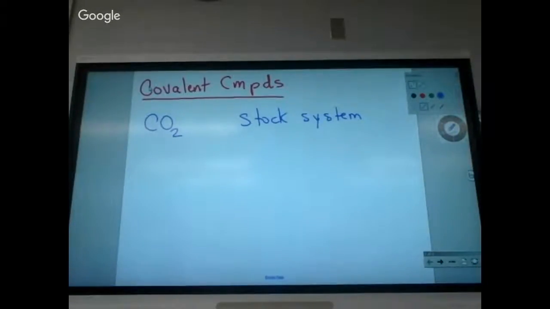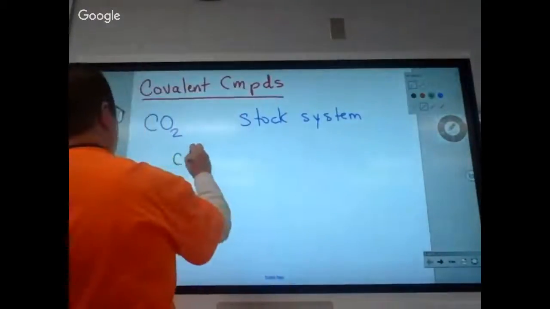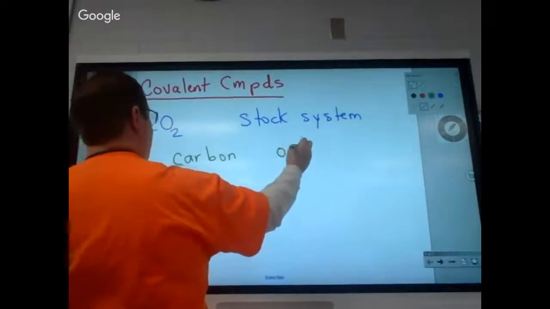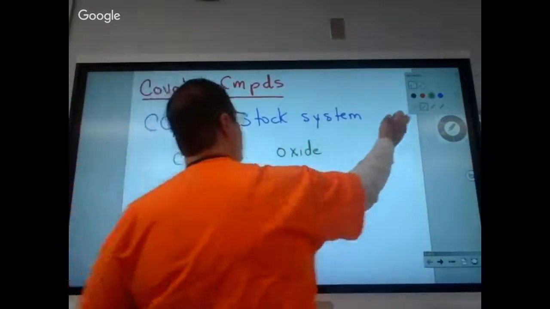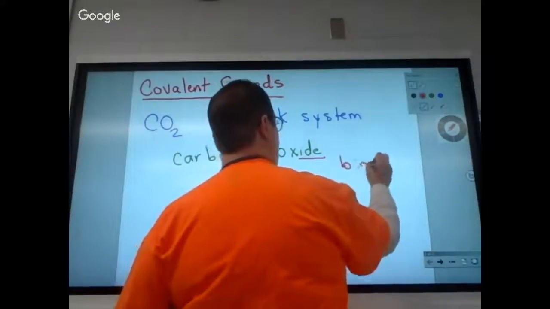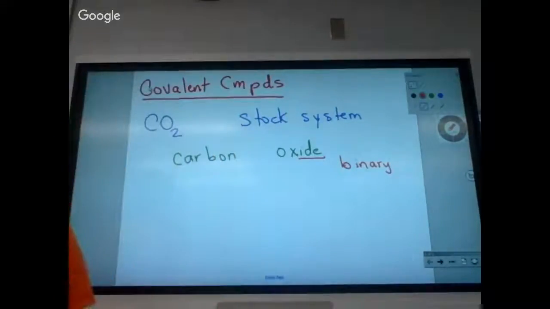You cannot say carbon dioxide. What is the name? What did you do first on the quiz? Carbon, oxide. All right, everybody said carbon. Everybody would have said oxide because we'd have said it is binary. So we'd have added the IDE ending. Nobody forgot that, right? It's a binary compound, right?